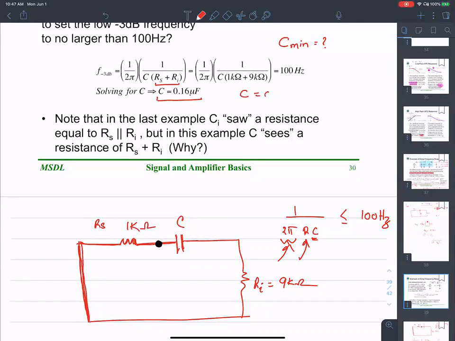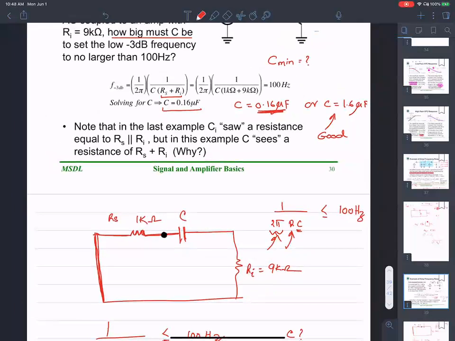So if you use C equal to 0.16 microfarad or higher, for example 1.6 microfarad, that's good as well. Anything 0.16 microfarad or higher will work. Questions, please.